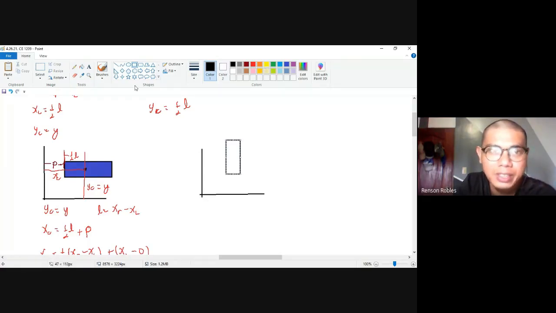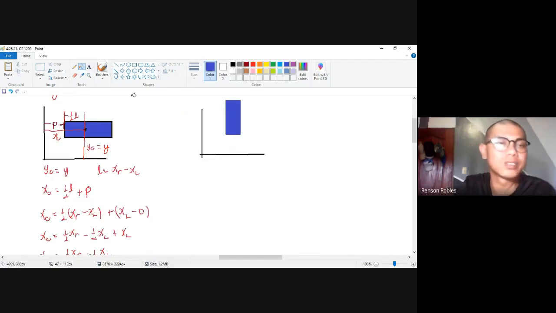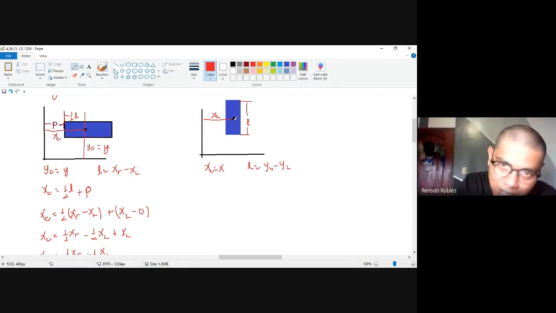And then, with reference to our discussion earlier, so again, what do you think will happen to, this is the centroid. This is our XC. XC is X. This is L. And L is Y upper minus Y lower. And then we only need to get YC. Ito siya.